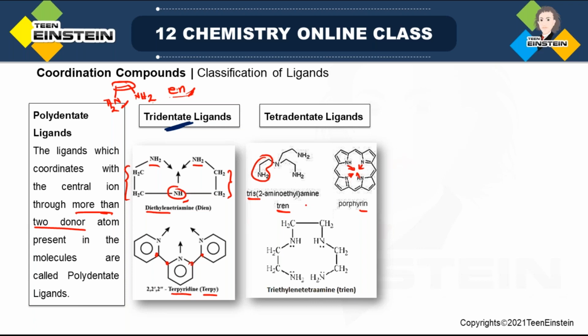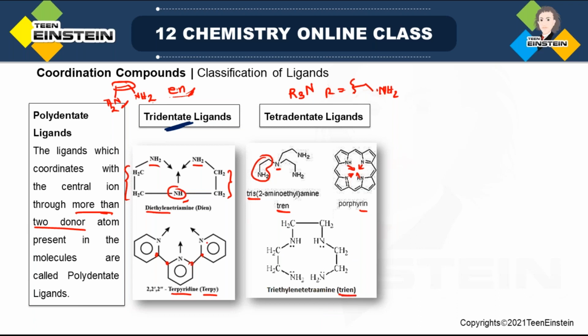So 2-aminoethyl is attached 3 times to this nitrogen. This nitrogen has 3 groups attached, so it is actually a tertiary amine, R3N, where the R group is CH2, CH2, NH2. So this molecule is tren.